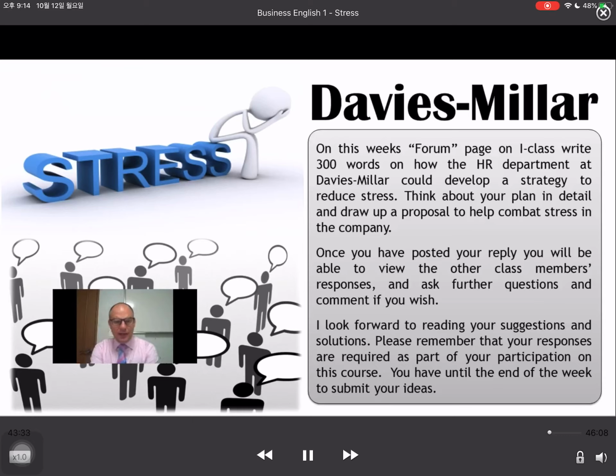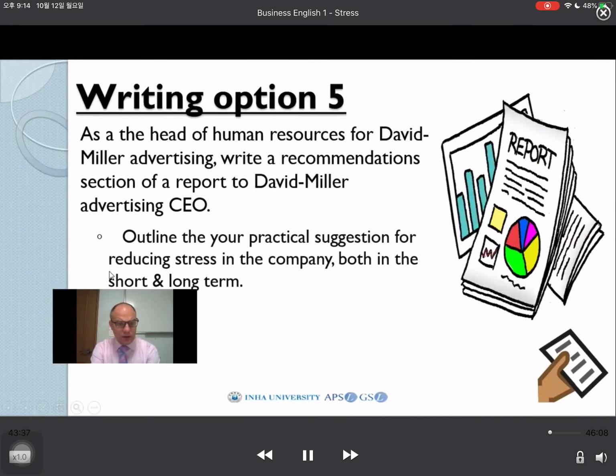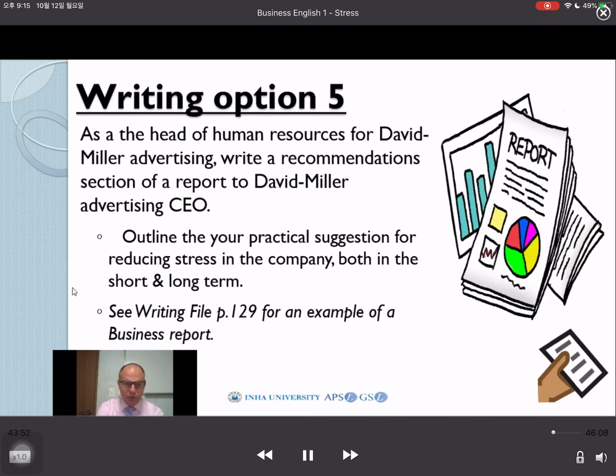And if you like this, you can do it as your writing assignment. So again, writing option 5: as the head of Human Resource Department of David Miller, write a recommendation section of a report to the CEO, outlining your suggestions for reducing stress in the company, both short and long term.